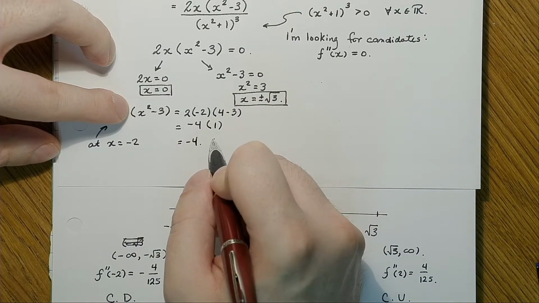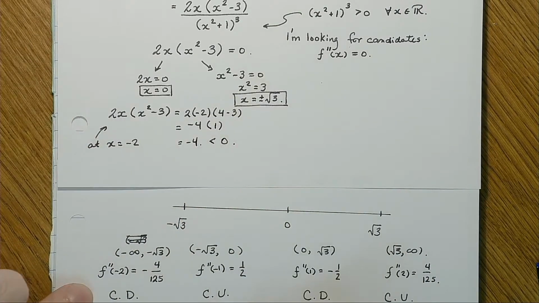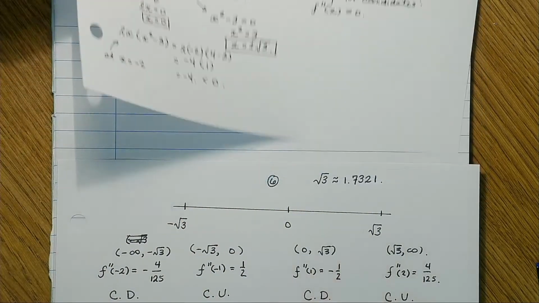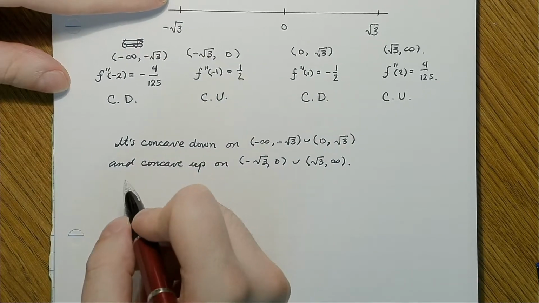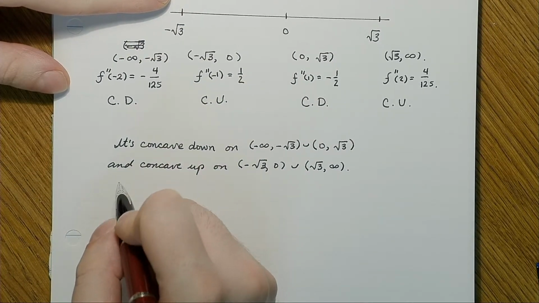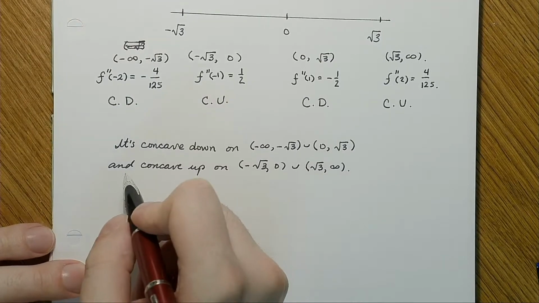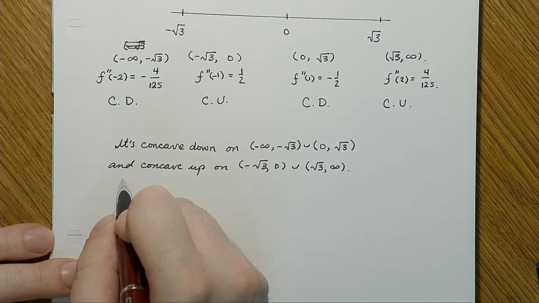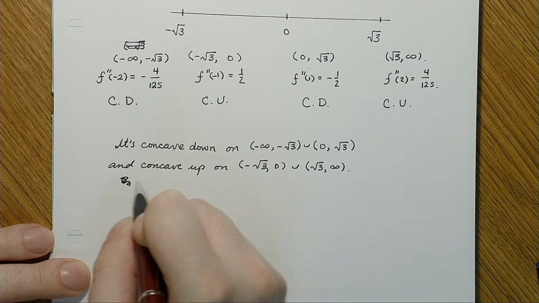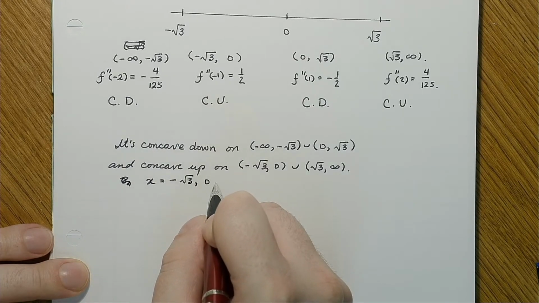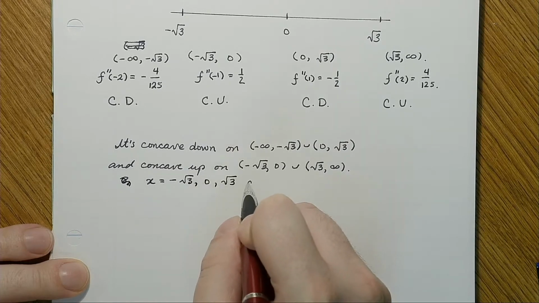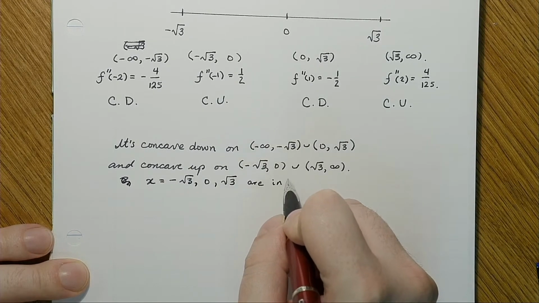So again, that's negative, so that's concave down. And since these are switching, x equals minus root 3, 0, and root 3 are inflection points.